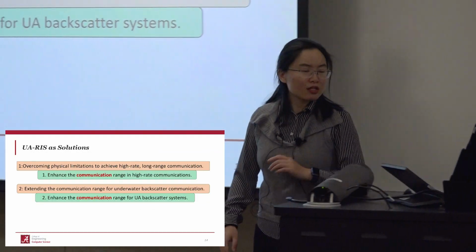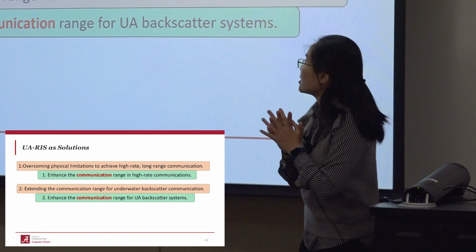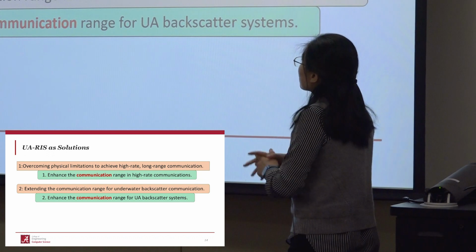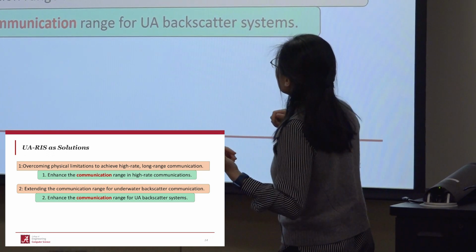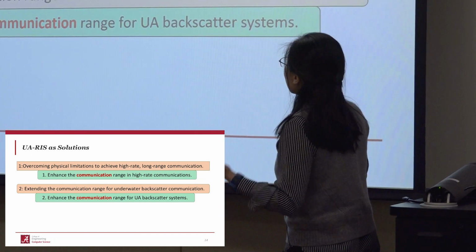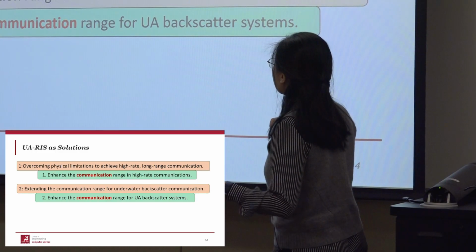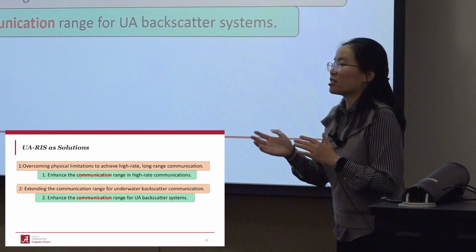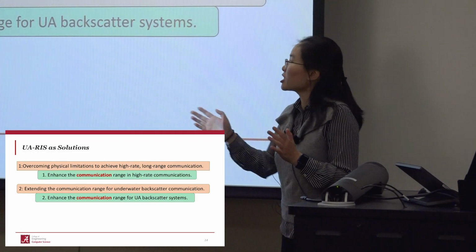So to summarize, we can see that RIS can provide a solution to enhance the communication range in high rate communication, and it enhances the communication range for backscatter communication. So this enhancement is very straightforward.